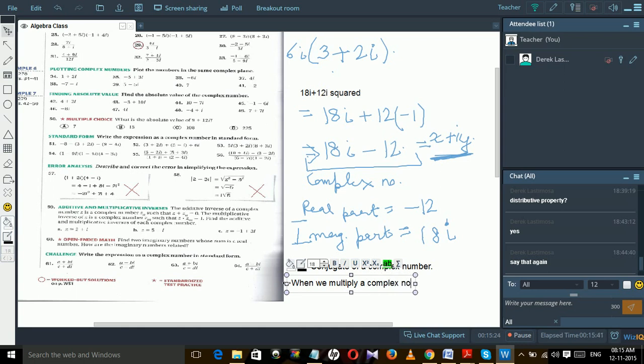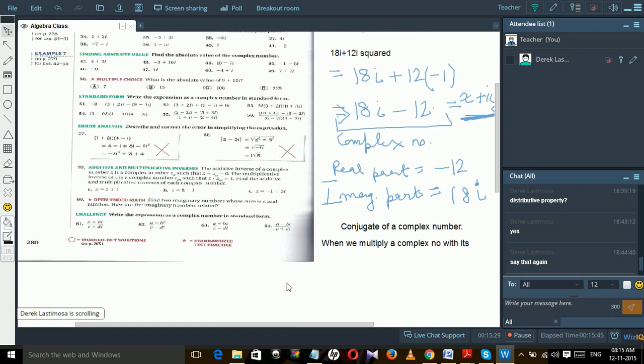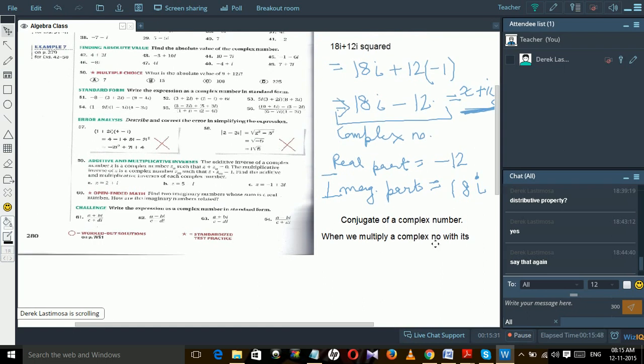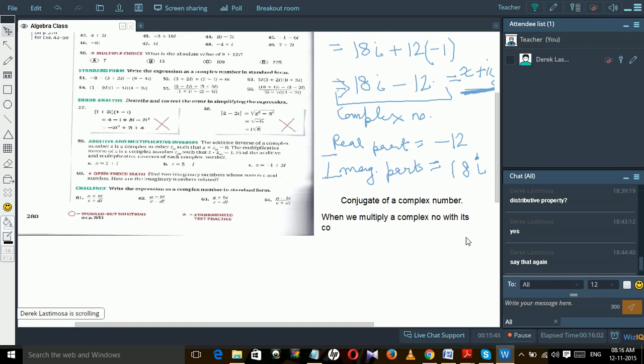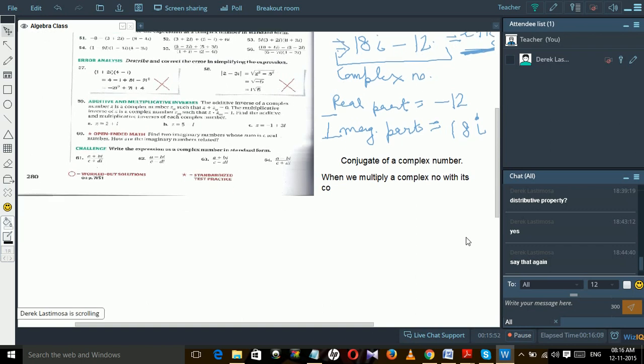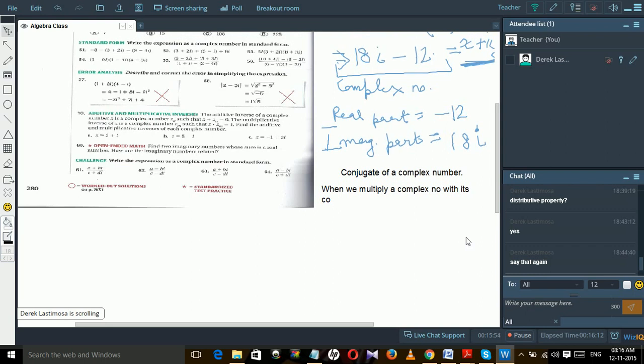When we multiply a complex number with its conjugate, we get a real number.